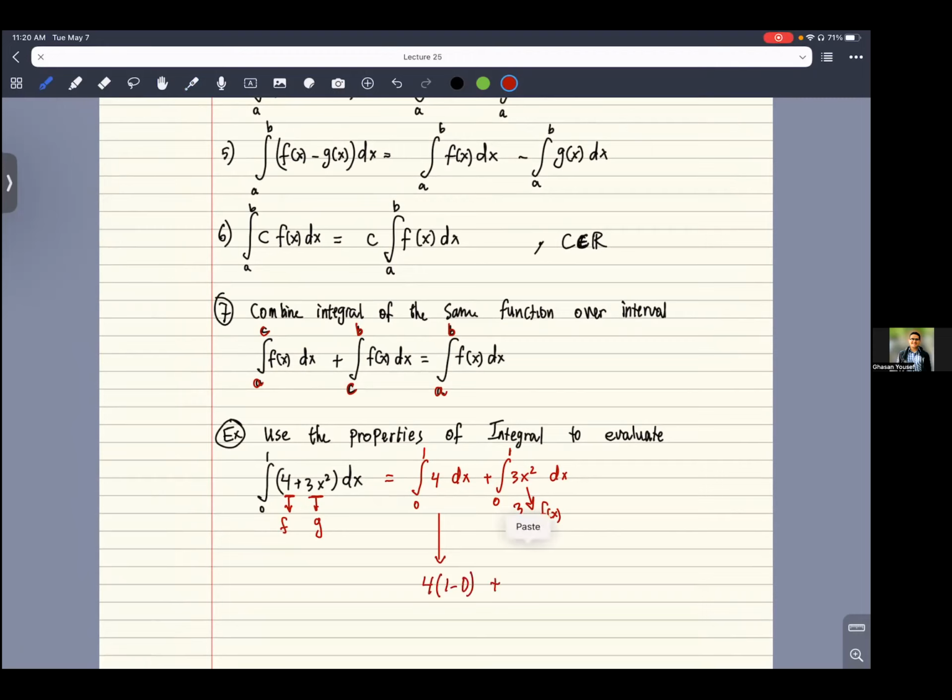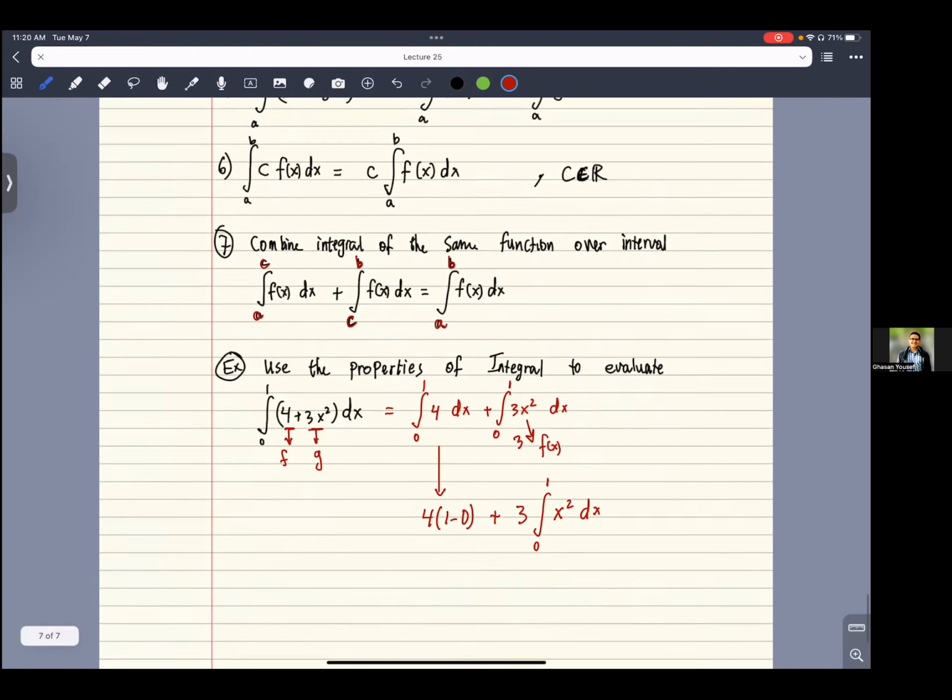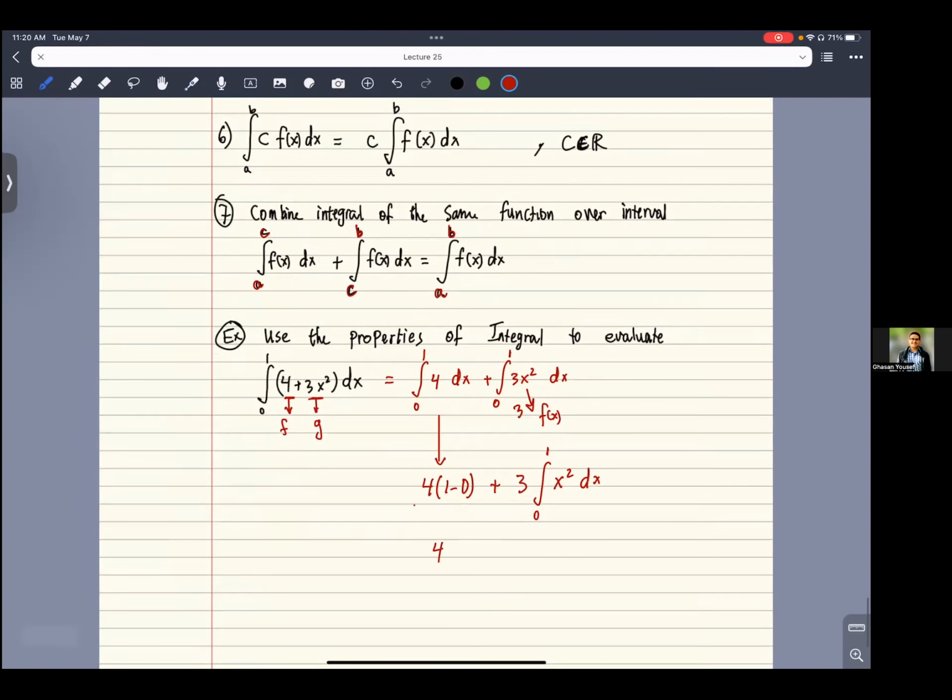Plus, the second integral will be 3 times the integral of x squared dx from 0 to 1. This value here is 4. And the second is 3 times the integral from 0 to 1 of x squared dx. Okay, we saw these things in the previous section.